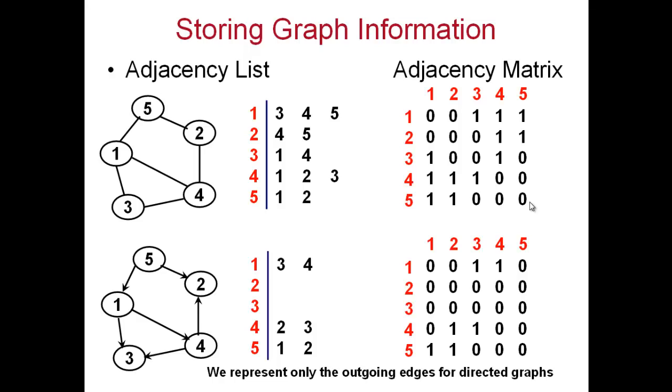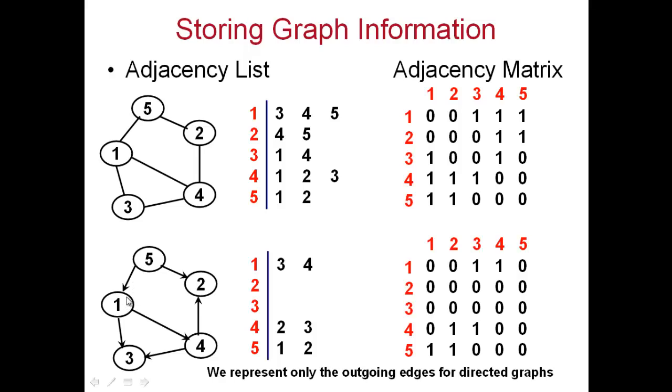Now for the directed graph, we have to follow a convention. Before that, I'll introduce a couple of terminologies. In the undirected case, we just said neighbors, so 1 and 5 are neighbors. Whereas in the directed graph, we cannot say 1 and 5 are neighbors as it is. We have to consider the direction too. So we say node 1 is an outgoing neighbor for 5.